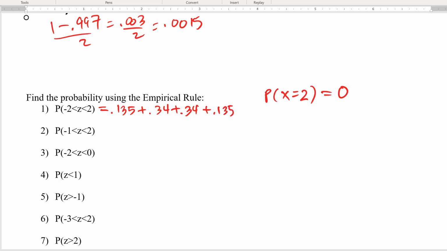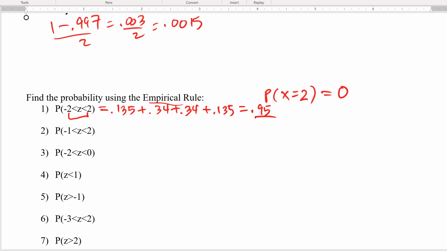I can take those pieces and add them up. But using the empirical rule, we know that within 2 standard deviations should be 95%. So if I add those up, they will add up to 95%. But you don't have to add those up because the empirical rule tells us it's 95%.